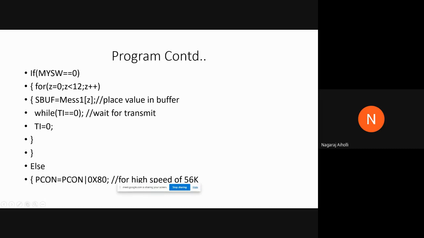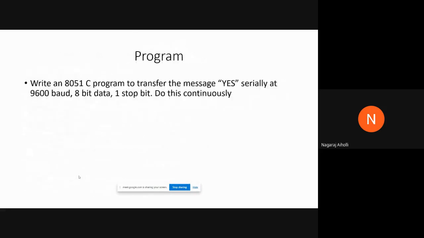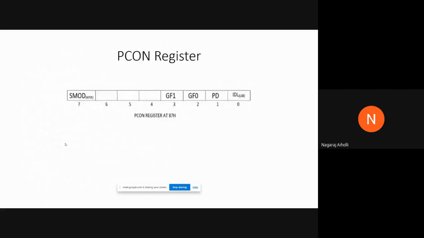Else PCON is equal to PCON OR 0x80. In the PCON register we have ORed with 80 hex.